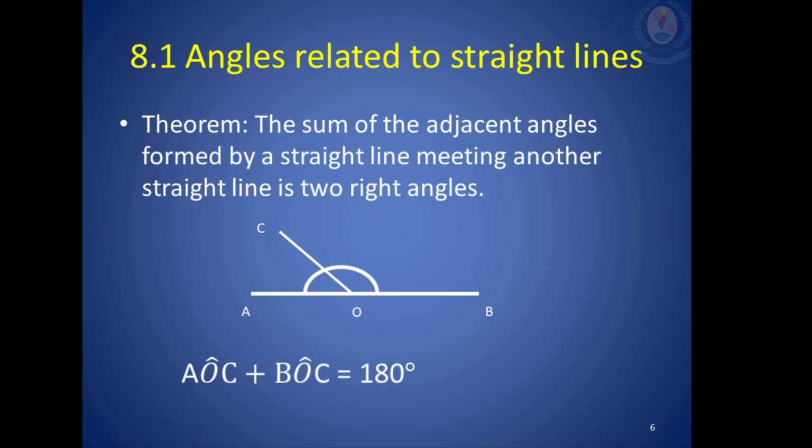You can see two angles, angle AOC and angle BOC. Now take the sum of these angles. Angle AOC plus angle BOC is equal to 180 degrees. Therefore, the two angles, angle AOC and angle BOC, are a pair of supplementary adjacent angles.